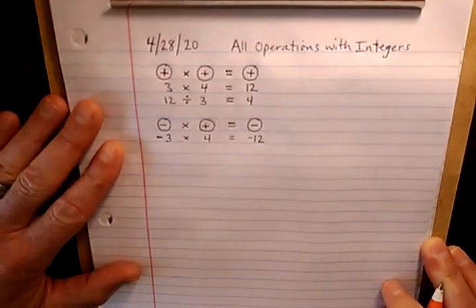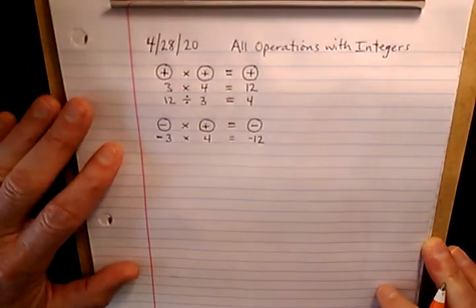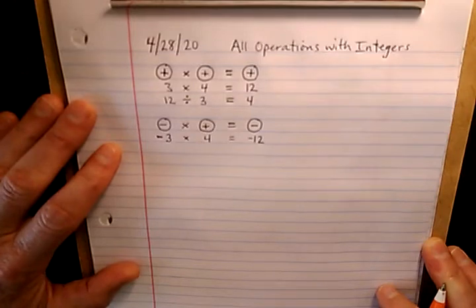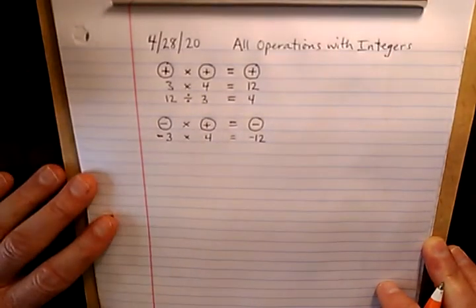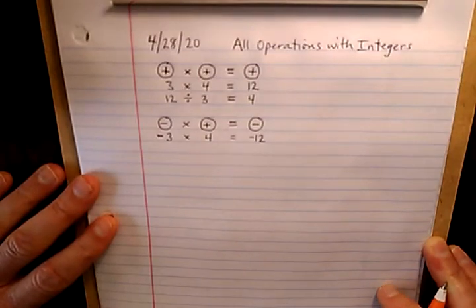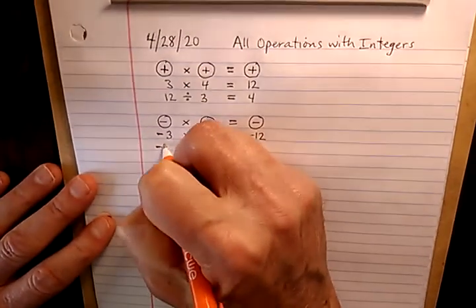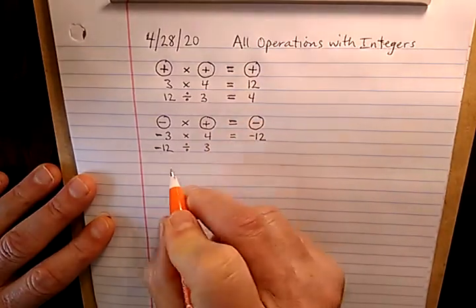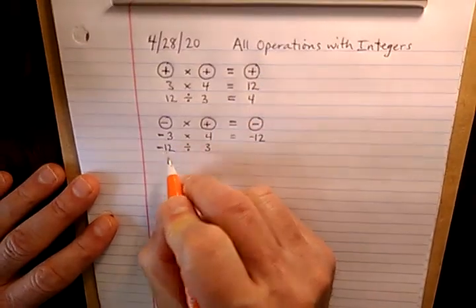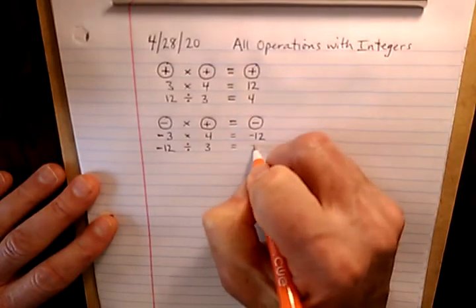And again, it works like that for division also, because multiplication and division have the same rules for the way we handle the negative signs. So if it's a negative 12 divided by a positive 3, there was one negative in the problem, so we end up with a negative answer.